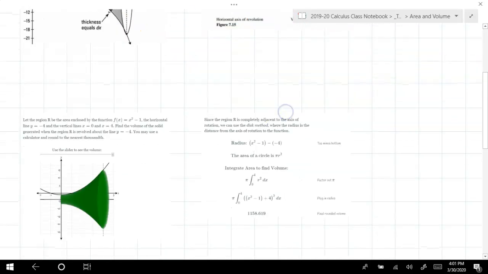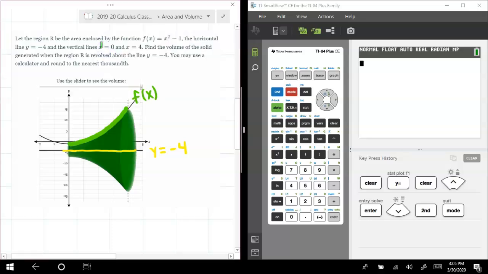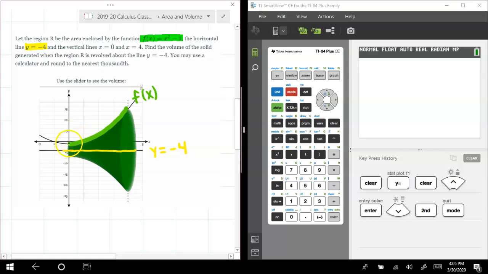So let's do an example. Let R be the region enclosed by the function f of x equals x squared minus 1, the horizontal line y equals -4, and the vertical lines x equals 0 and x equals 4.